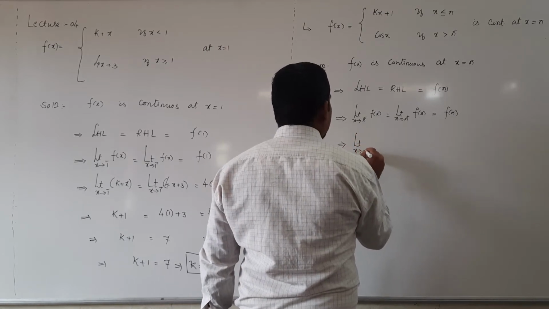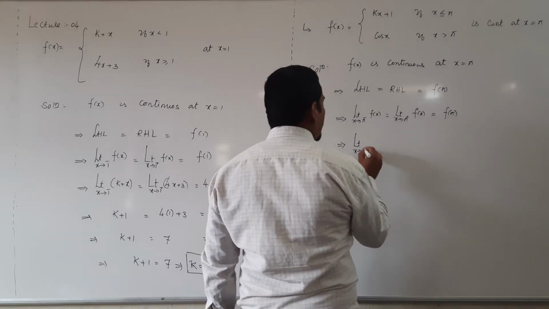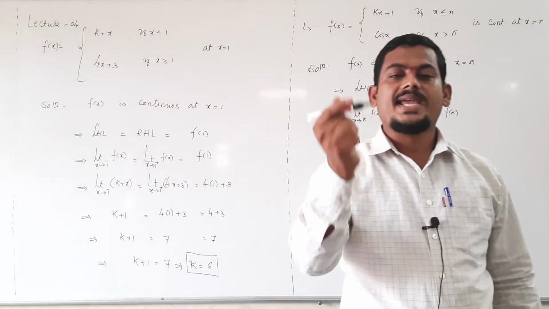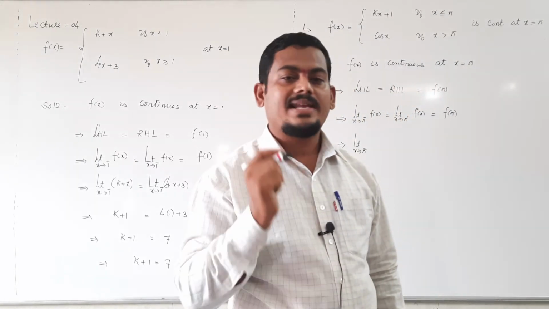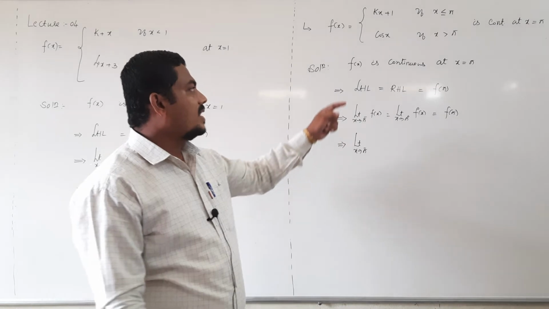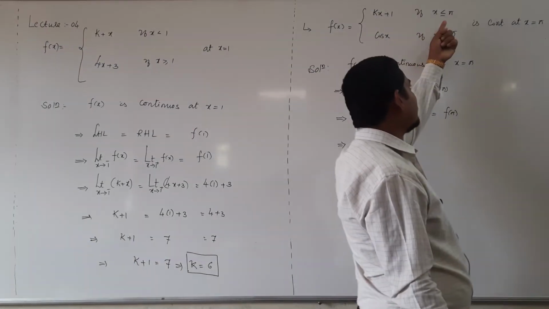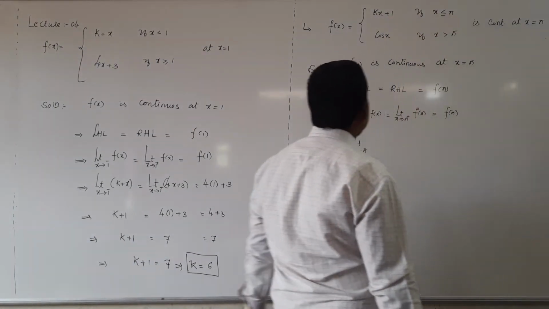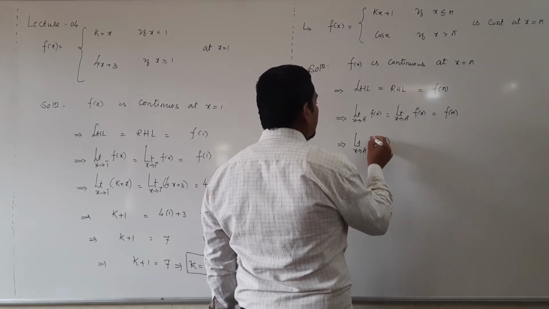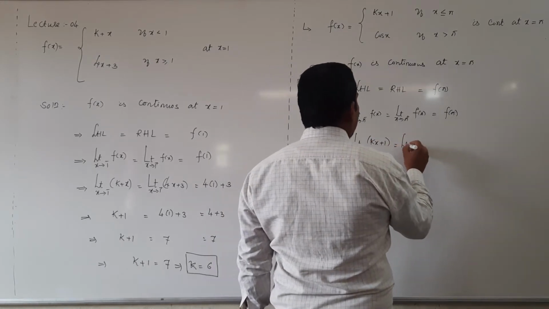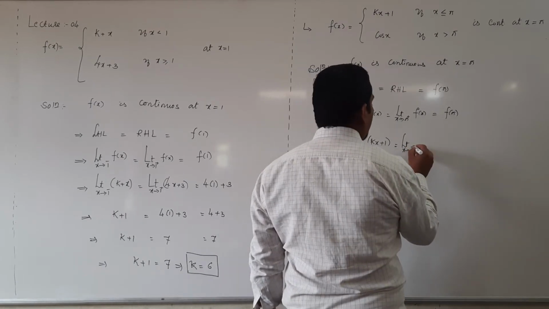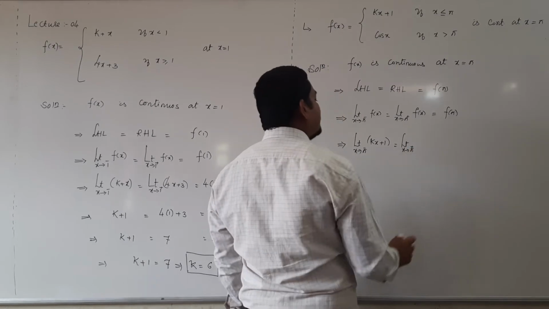Limit extending to pi minus, what is our f of x? Extending to pi minus means less than pi. Once x value is less than pi, or either less or equal to pi, then the function is kx plus 1. That equals limit extending to pi plus, what is f of x?